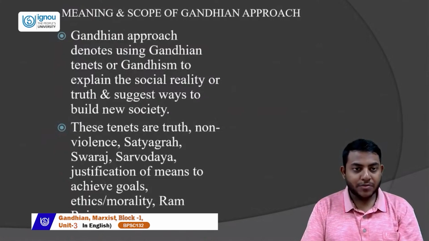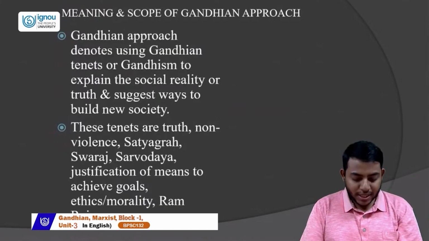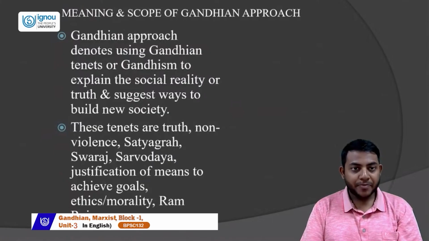So these are some of the tenets that Gandhiji talks about to build a new society. So these are some of the basic tenets of the Gandhian approach, or what has been called Gandhism.